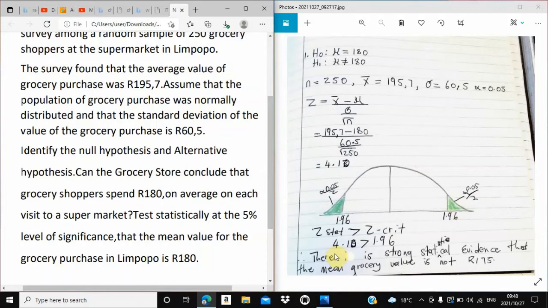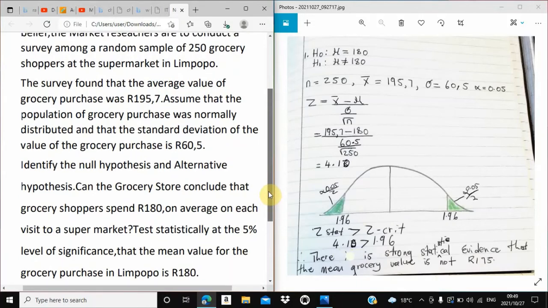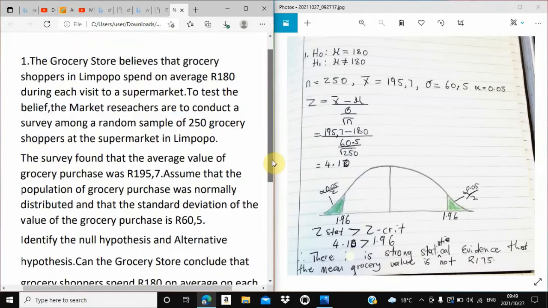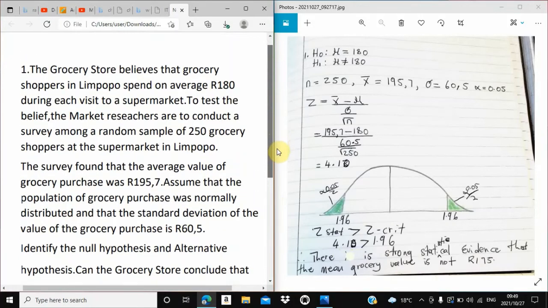Since our Z statistic was 4.10 and is greater than 1.96, our Z critical, then there is strong statistical evidence that the mean grocery value is not 175. Let's go up from there.